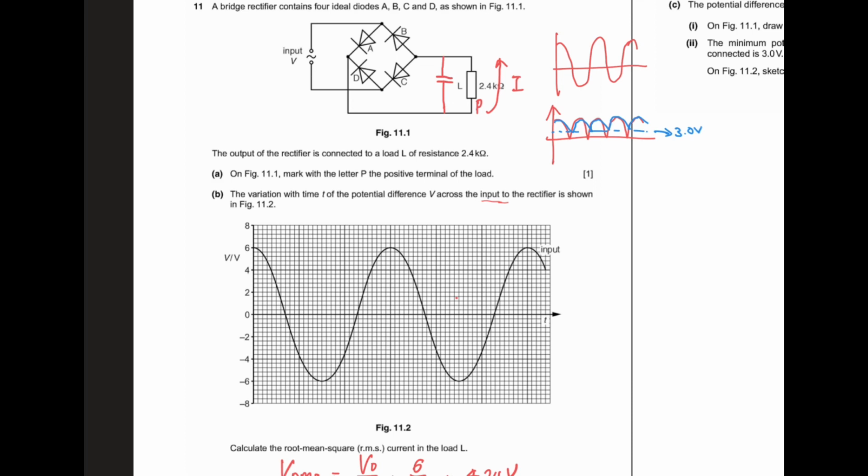Okay, so first let's say I draw out the output first with the full wave rectification. It will be like this, and like that.